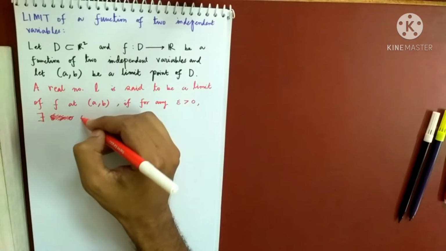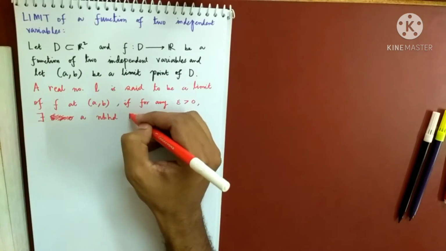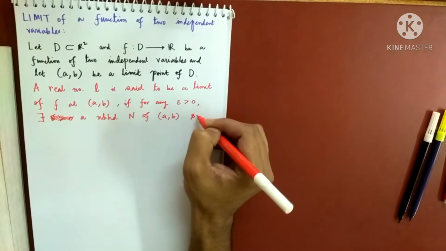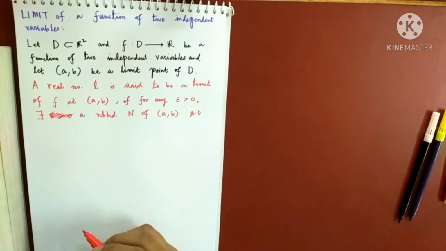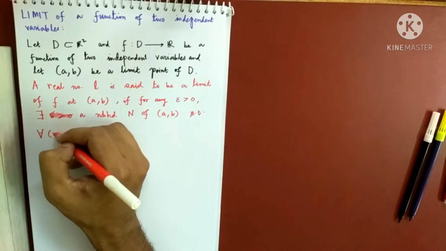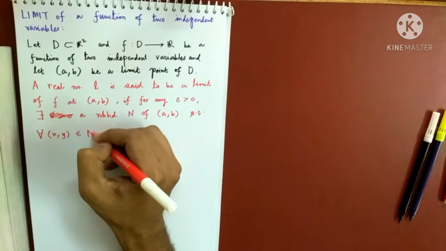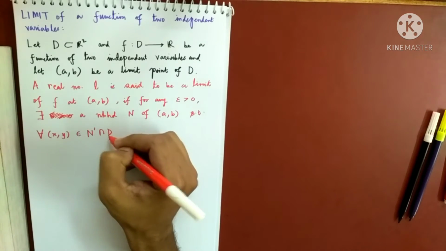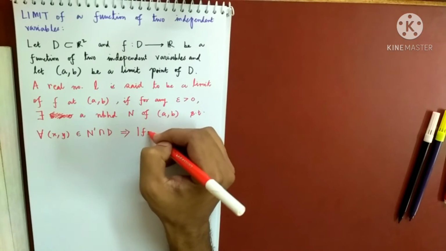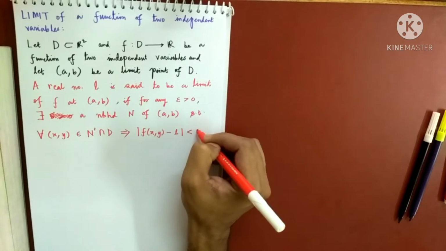N of a comma b such that, so this is the definition, for all x comma y in the deleted neighborhood intersection D implies modulus of f(x,y) minus L is less than epsilon.